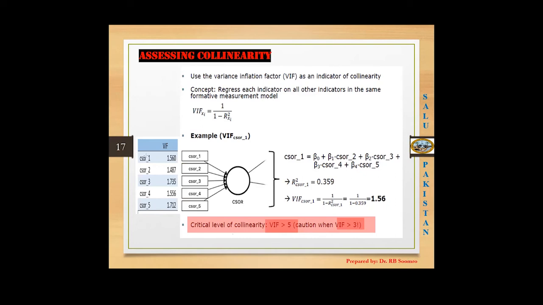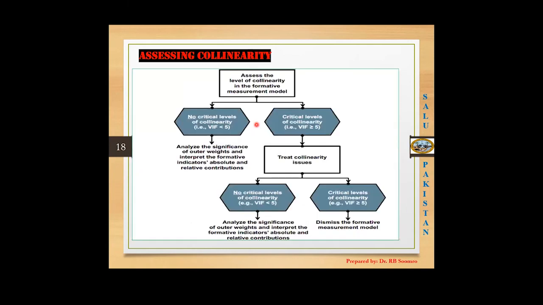These are the VIFs of all 5 indicators. You can check that all the values are quite low and within the range of 3. So at least in this model there is no collinearity. We can check collinearity with the help of the VIF, the variance inflation factor. This is one type of guideline for us. The first thing is to assess the level of collinearity.